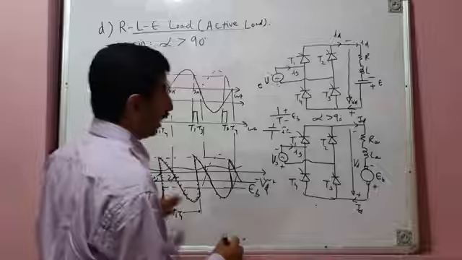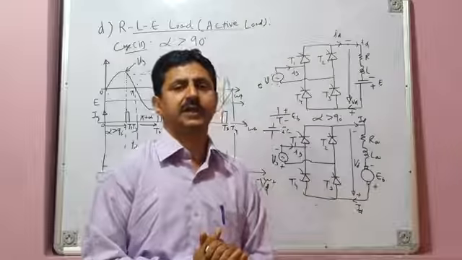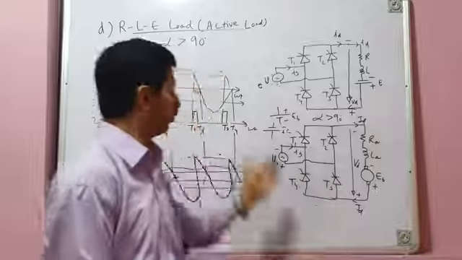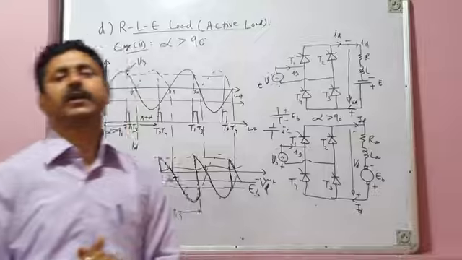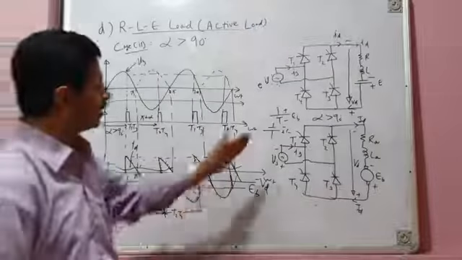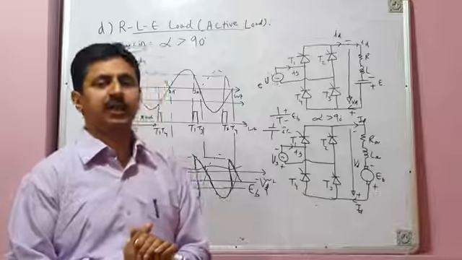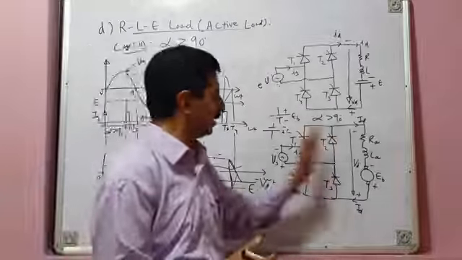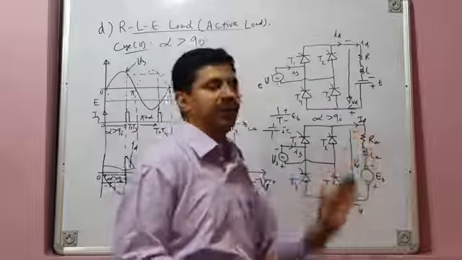So therefore, for alpha less than 90 degrees, for active load, your converter operates in the rectification mode, and there is flow of energy from input to output, source to load. And for alpha greater than 90 degrees, converter average output voltage is negative. So converter operates in the inversion mode of operation, and energy flows in the reverse direction. The power flows from DC side to AC side, that means output to input.